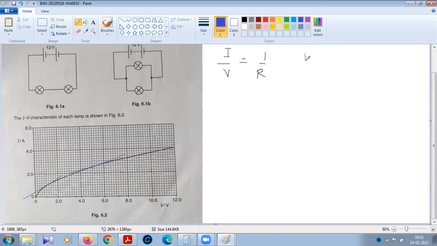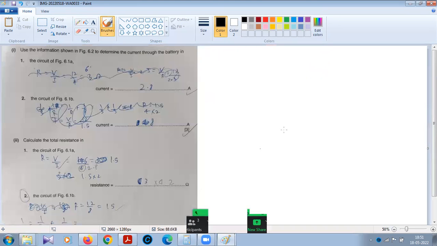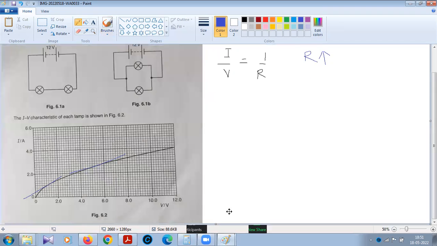My doubt is not actually exactly this. Can you go through the question for a second? I'll tell you what my doubt exactly is. All the things are related. The question says: use the information shown in figure 6.2 to determine the current in the battery in the circuit. My question was actually the second part.